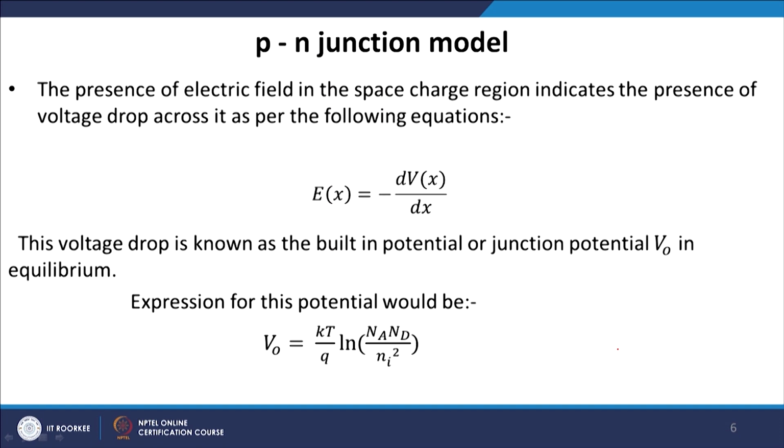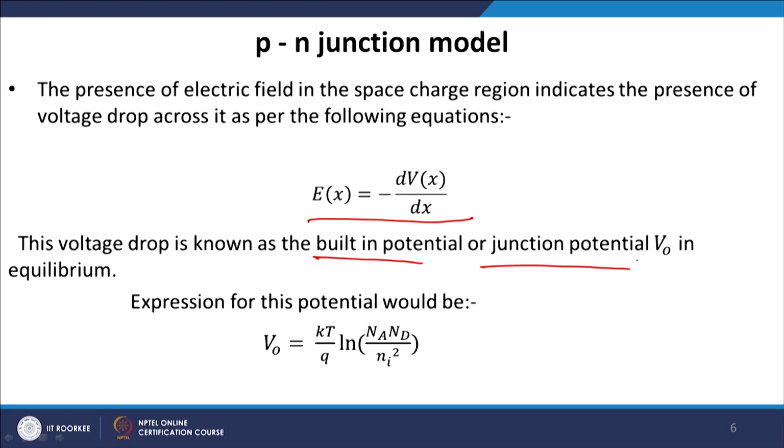The presence of the electric field in the space charge region indicates the presence of a voltage drop, which is given by the following equation: electric field E is minus dV/dx. It is the first derivative of the potential with respect to position. The voltage drop is sometimes also called the built-in potential or junction potential, V naught.